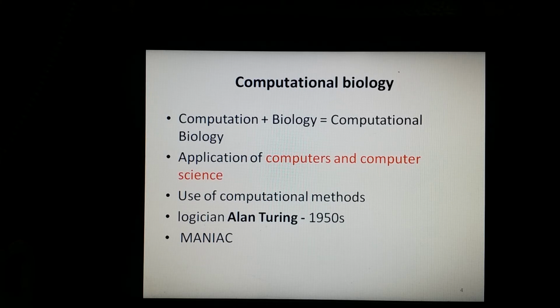Another way to define computational biology is that it involves the development and application of data analytical and theoretical methods, mathematical modeling and computational simulation techniques to study biological, ecological, behavioral and social systems. So all these systems are studied through computational biology. As I have said before, algorithms are used in computational biology.